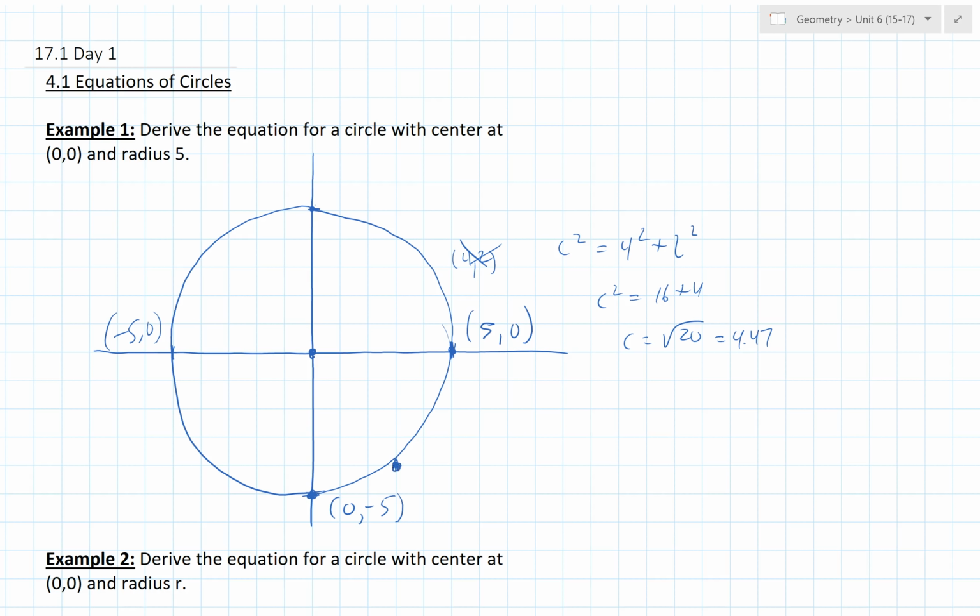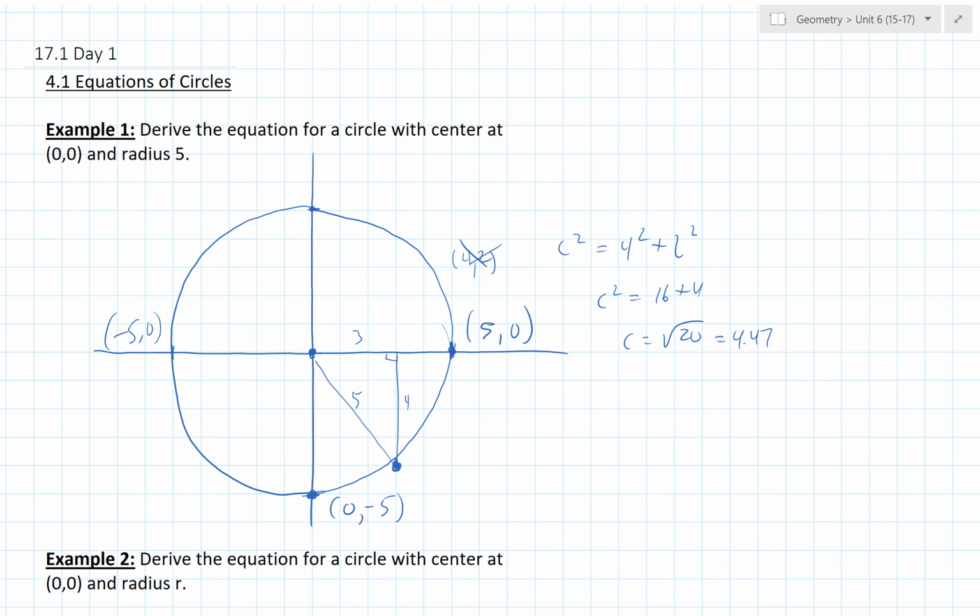Okay. Again, that looks like it's close, but my circle was just hand-drawn, so it might be on the circle, it might not be. So let's check it the same way we checked Santi's point. If this is 3 and this is 4, what would the hypotenuse be? 5. It's a 3, 4, 5 triangle.